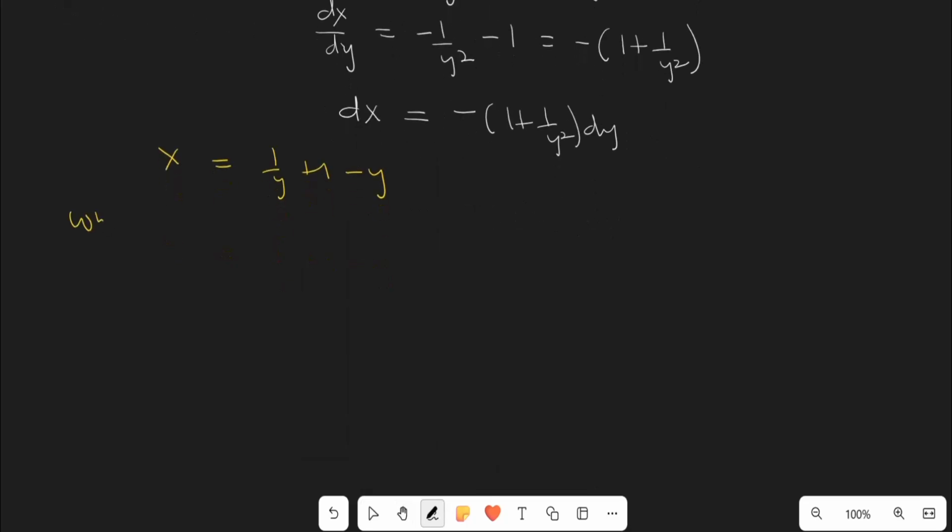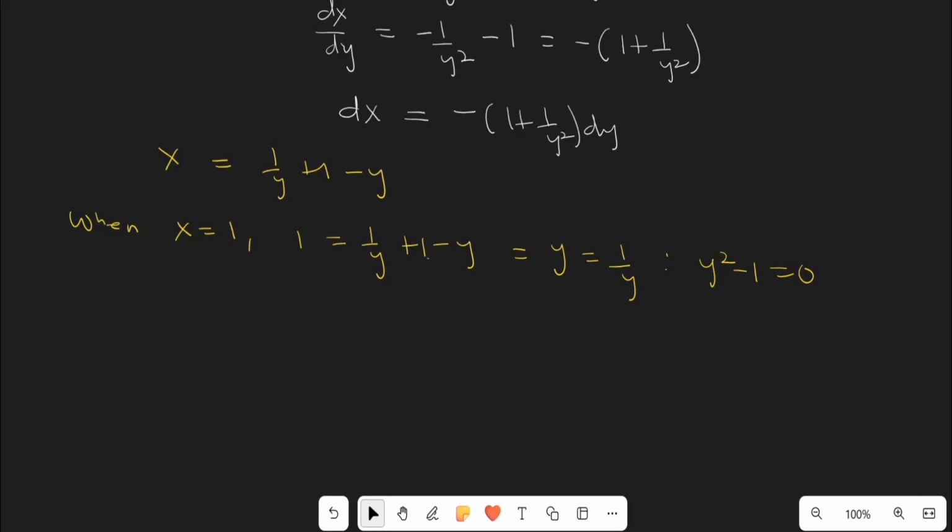Now when x is equal to 1, that is the lower limit, we have 1 equal to 1 over y plus 1 minus y. This one and this one will cancel, and in the end you have y equal to 1 over y, or y squared minus 1 is equal to 0.